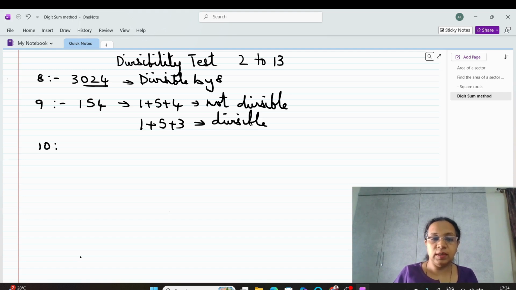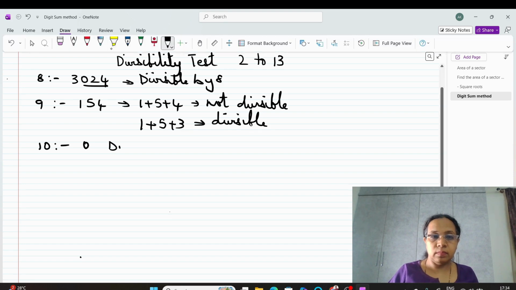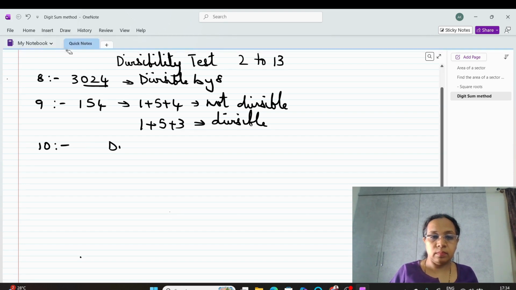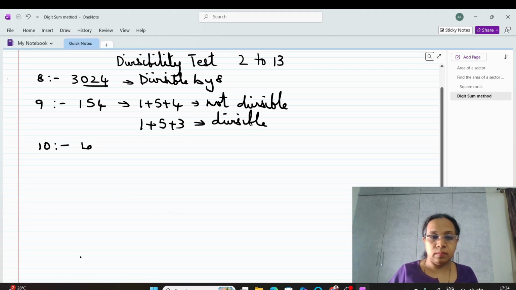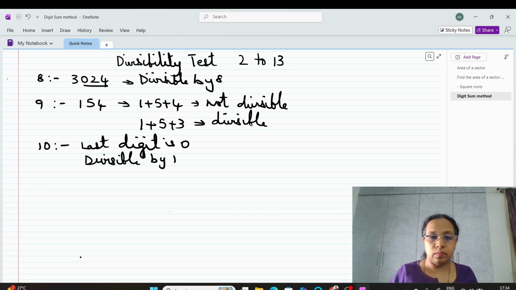For 10, if the last digit of the number is 0, it's divisible by 10. Let's look at the divisibility test of 11.